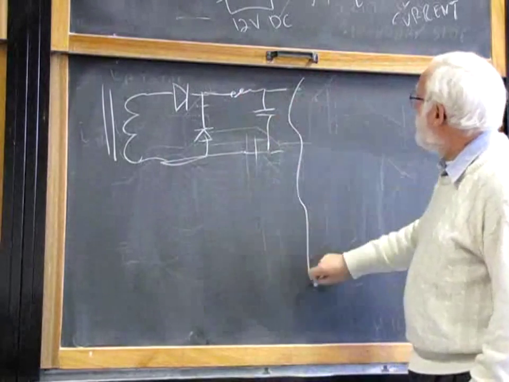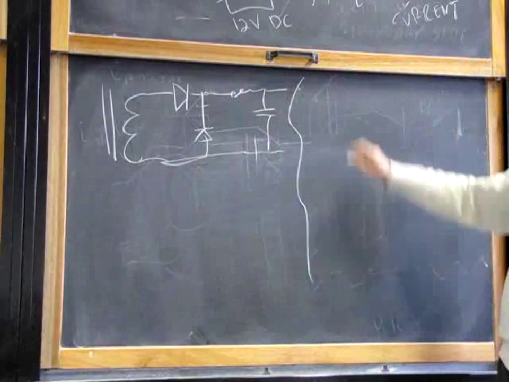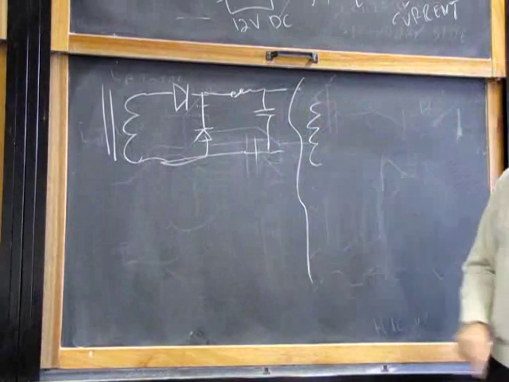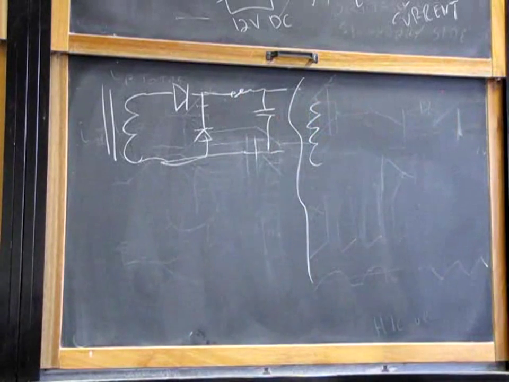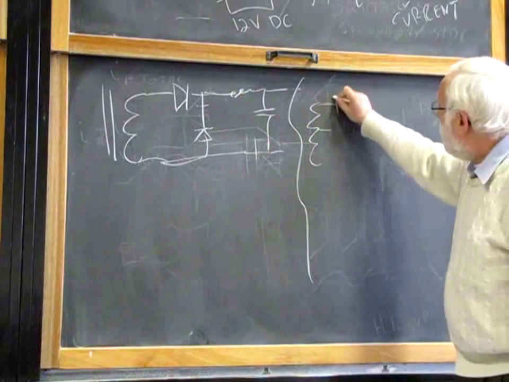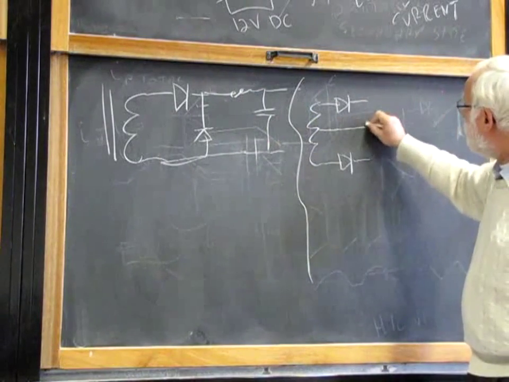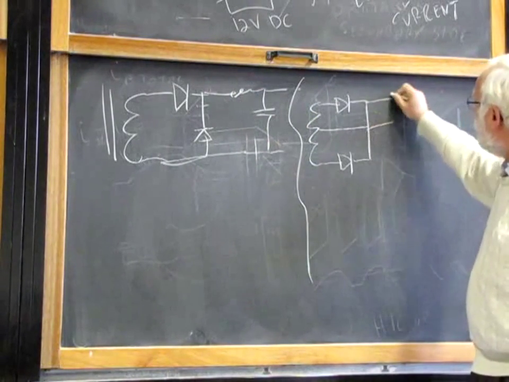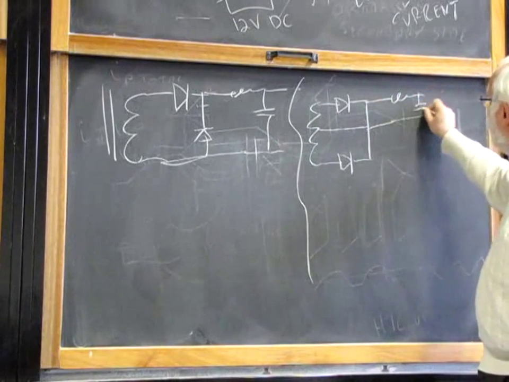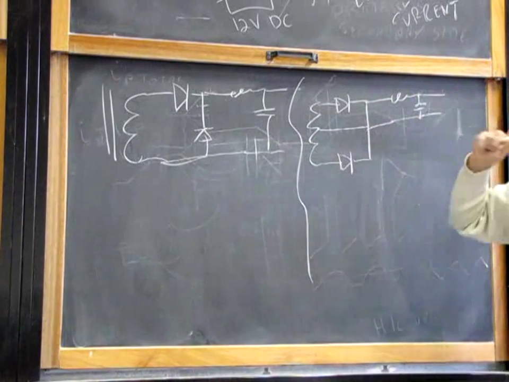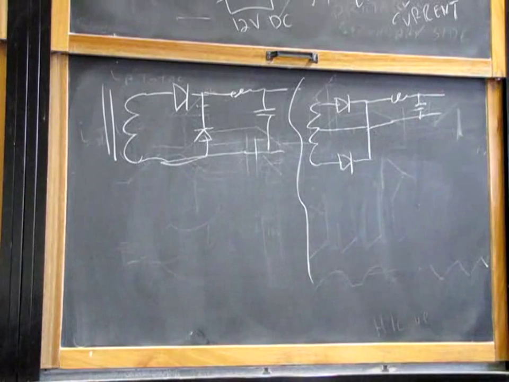And do you still remember how a full bridge converter is on the output side? You have a full wave, a double wave rectifier like center tap or bridge. And you have here your output.